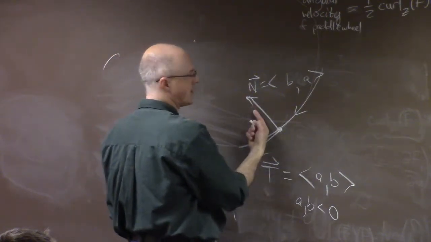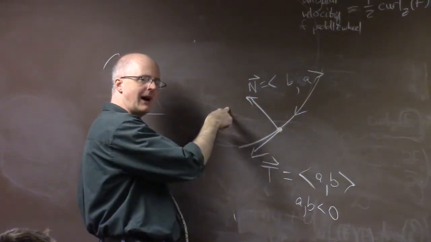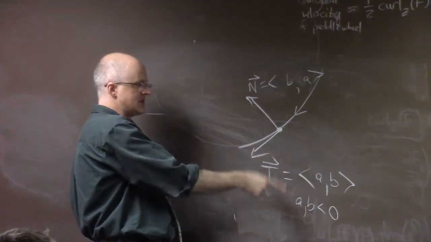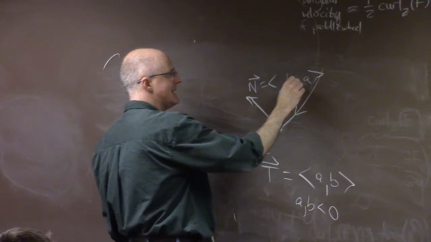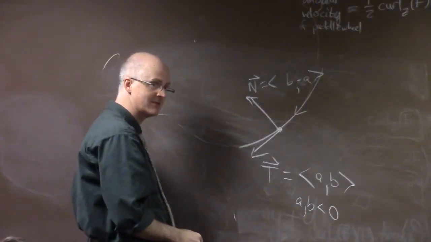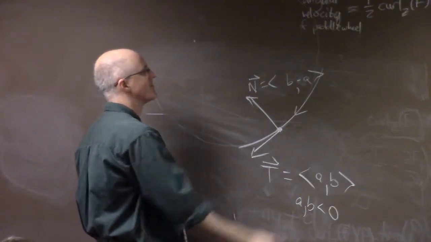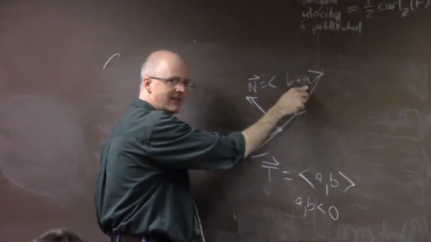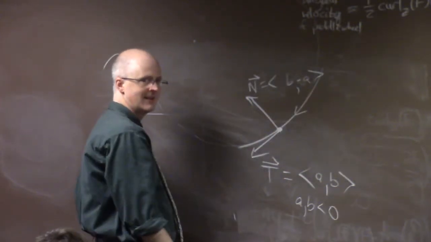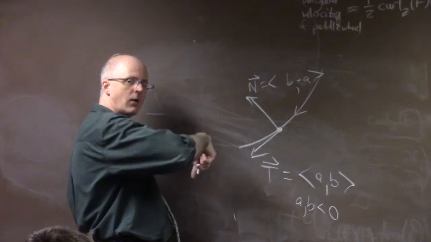You want n to point to the northwest, so you want its first component to be negative and its second component to be positive, which in this general setup means you need a negative sign in front of the second one. Since a is negative, negative a is positive. And you want that second component to be positive because it's pointing upward, not down.